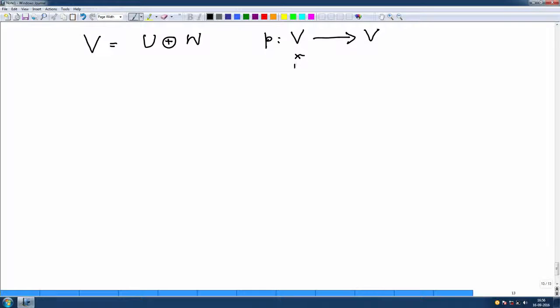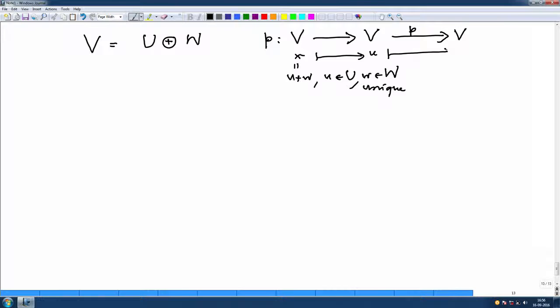Write x uniquely as U plus W and map it to this U. U is in U, W is in W, and these are uniquely determined by the given vector x. And if you compose once more, this U goes to U by definition of P. So, P square is P.